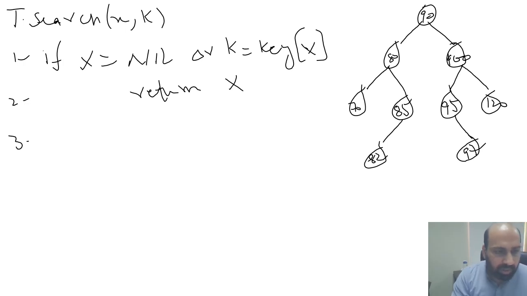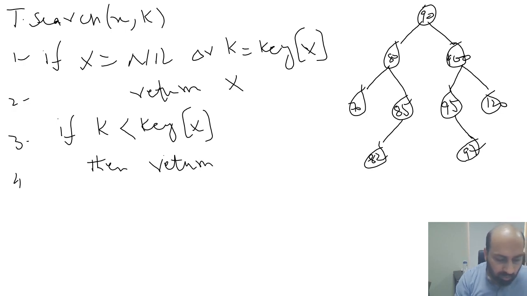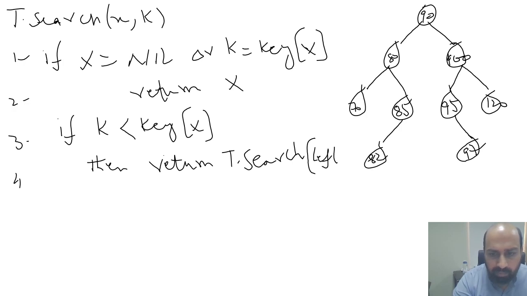Now you have to compare if the key that you are interested to search is less than the key of x, then you know very well you have to move to the left subtree, right? Then return the recursive call of tree search with left of x with the key value, right? So you will return it.